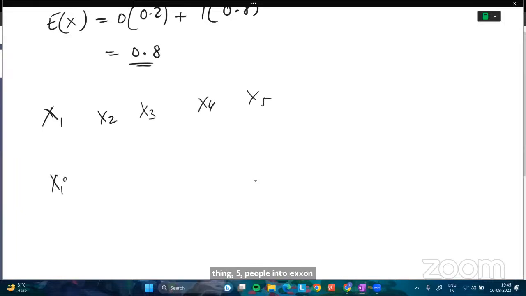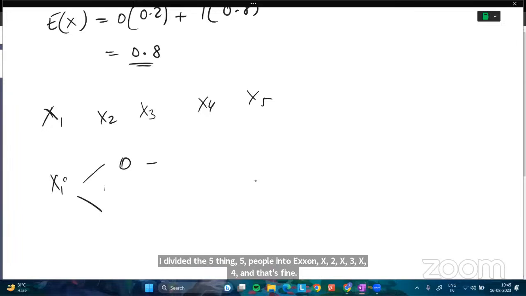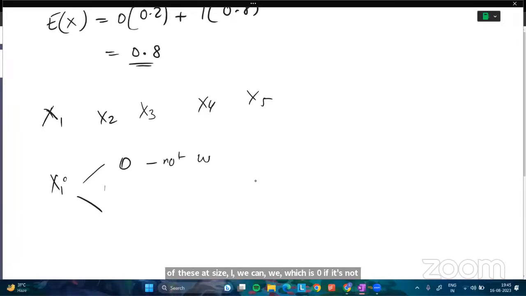Each of these xi's we made a Bernoulli distribution, which is 0 if it's not a woman and 1 if it is a woman. So each of x1 until x5 follows this distribution, right?